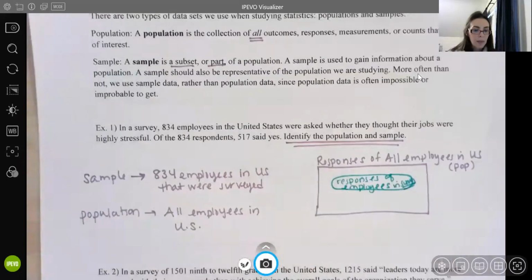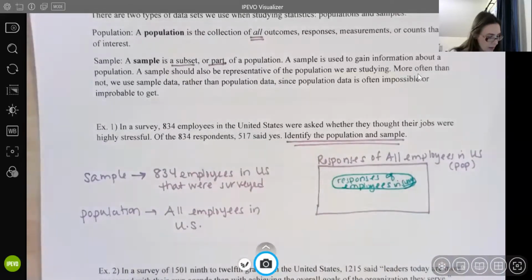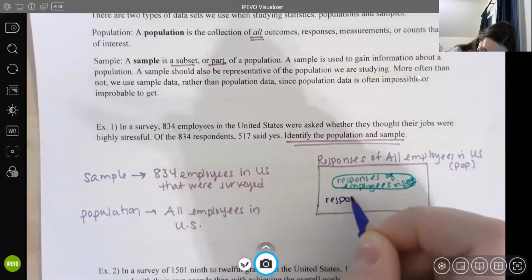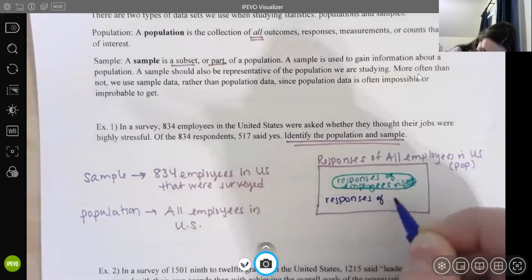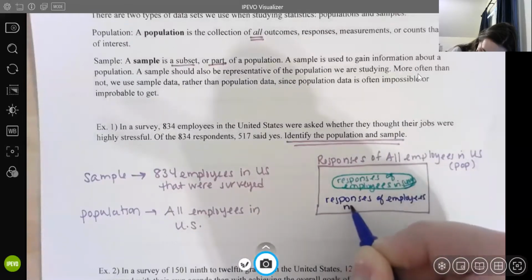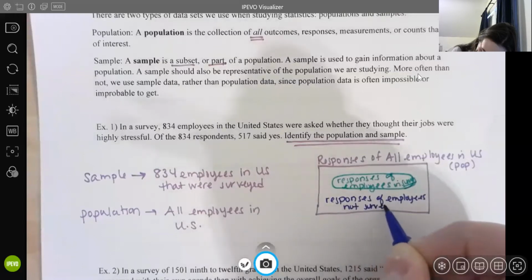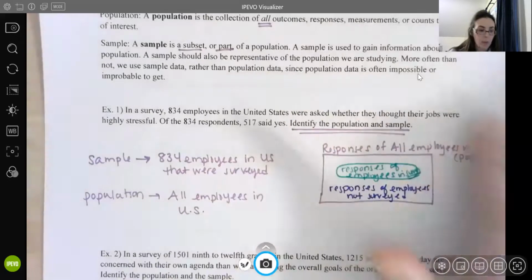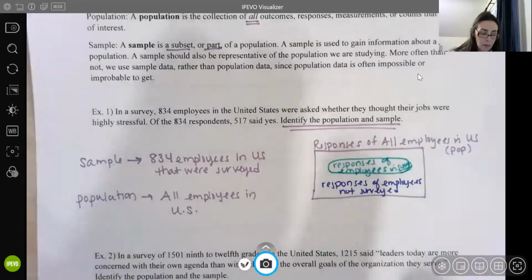So a subset of that population was surveyed. Now all this other stuff in the box but outside that little circle would be the responses of employees not surveyed, okay? So our population is everybody, all employees in the US, right?